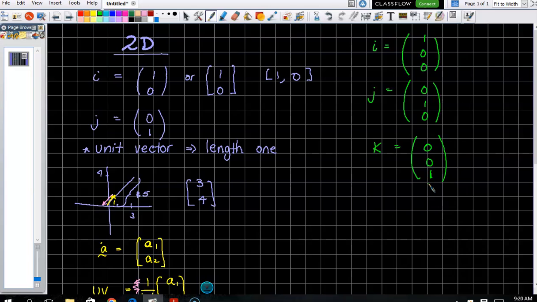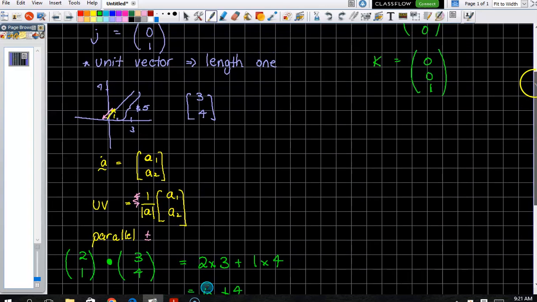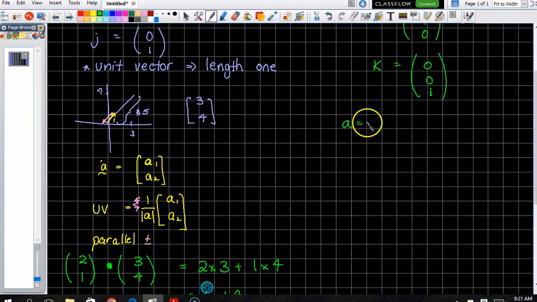Hopefully this is all going to be very logical. Going from 2D to 3D is nothing that bad. It's all the same, right? How do you think we find the length of a 3D vector? It's going to be the same thing. So if I've now got a vector, instead of a1, a2, it's a1, a2, a3.